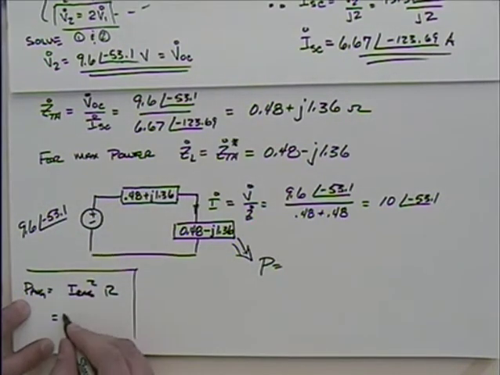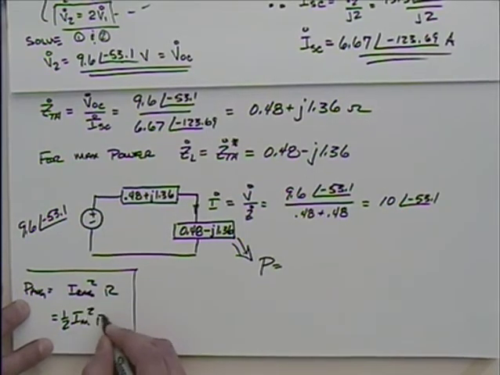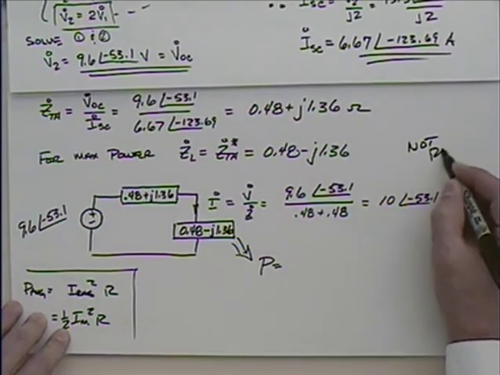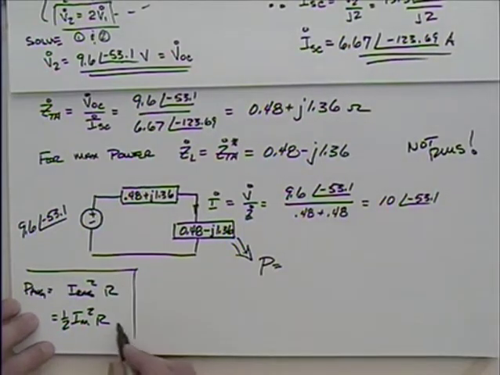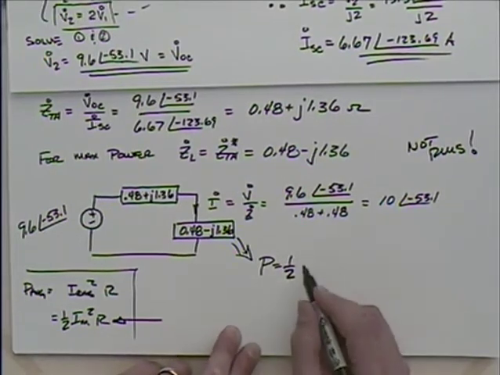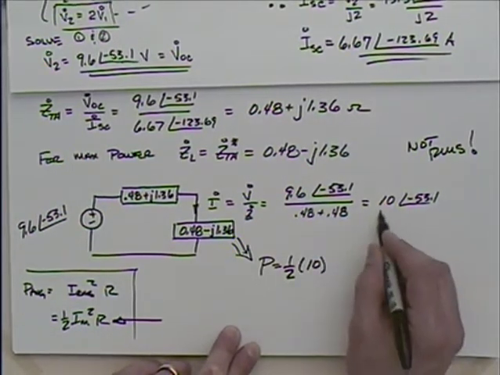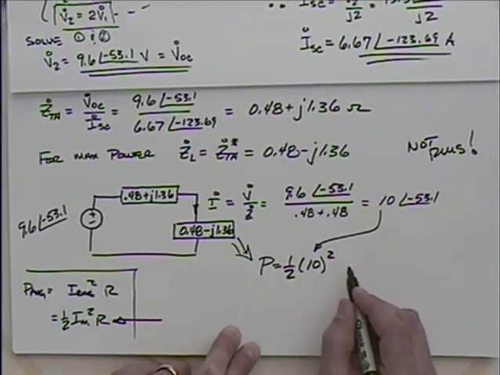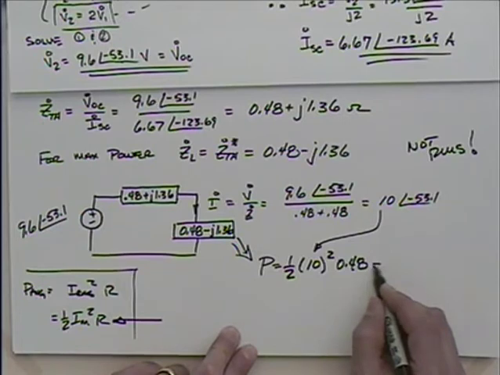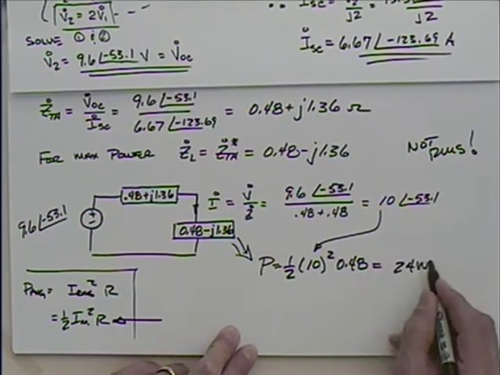I could, however, say that I have 1/2 I magnitude, if I'm using a maximum value, squared times R, right? Which is this? Yeah, it's not RMS, is it? So I want to use this one and say that I have 1/2 times the magnitude there, which is 10 squared, times the resistance. That resistance there is 0.48. So when you go through that, you get 24 watts.